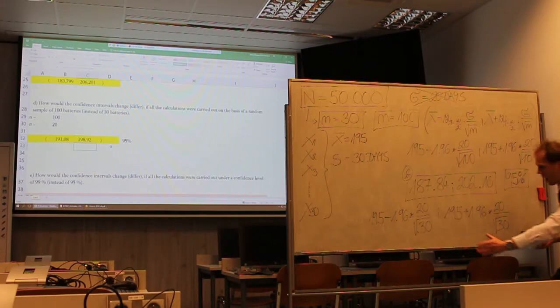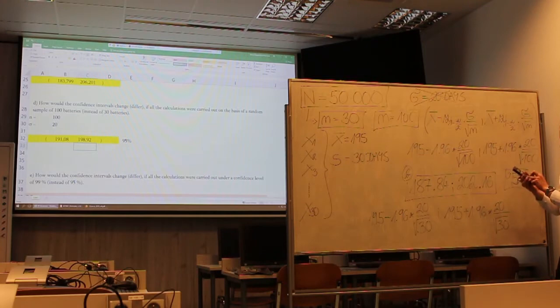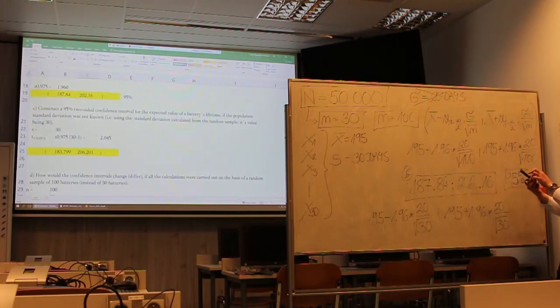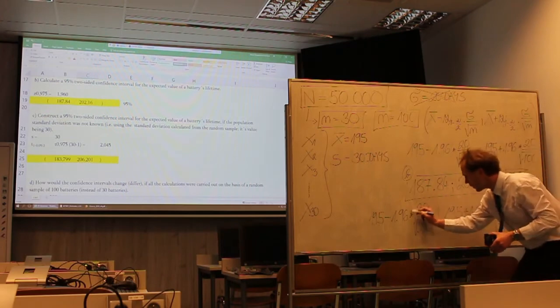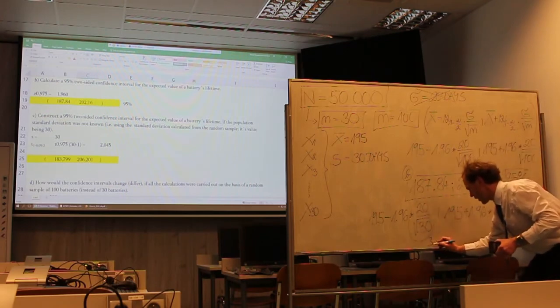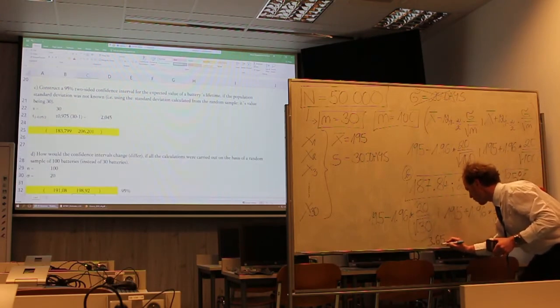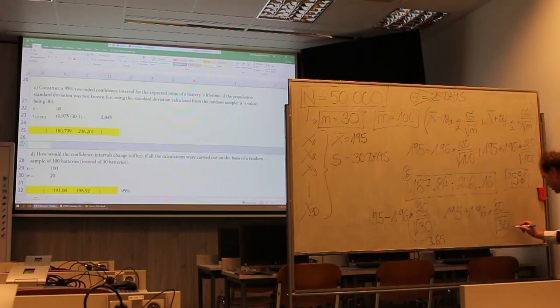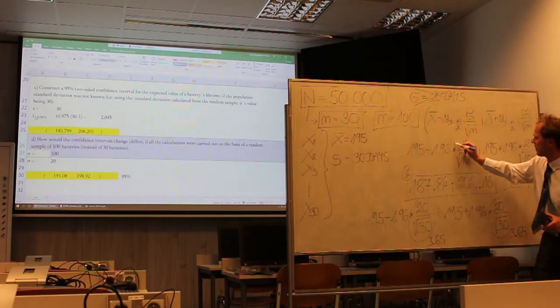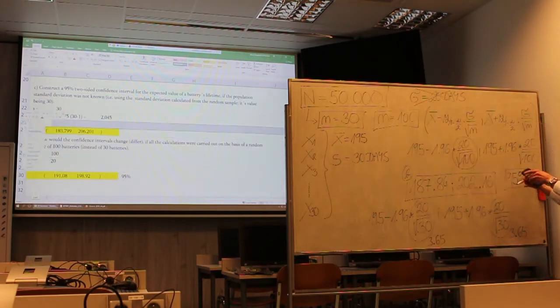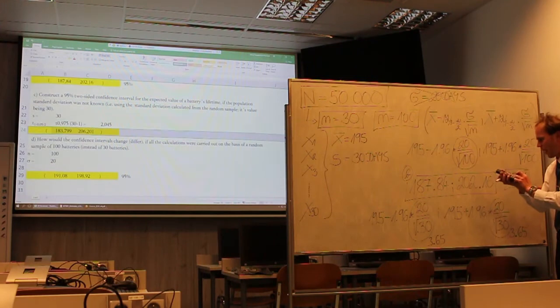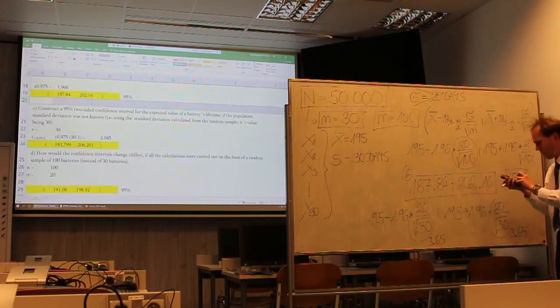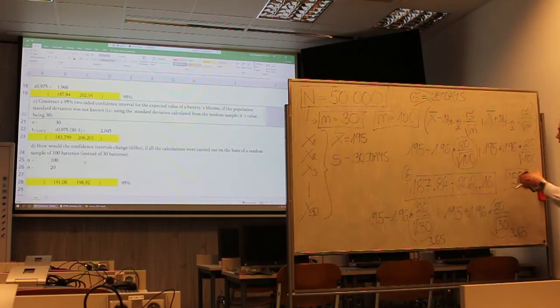So you can compare this value with this value. 20 divided by square root of 30 is 3.65, and 20 divided by square root of 100 is 2.